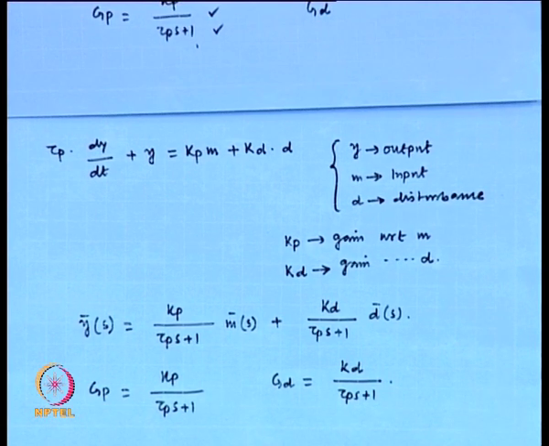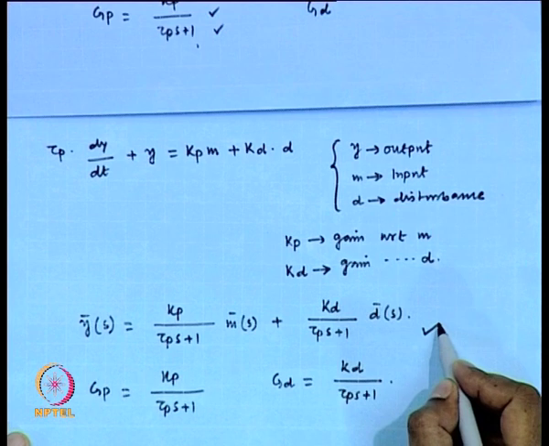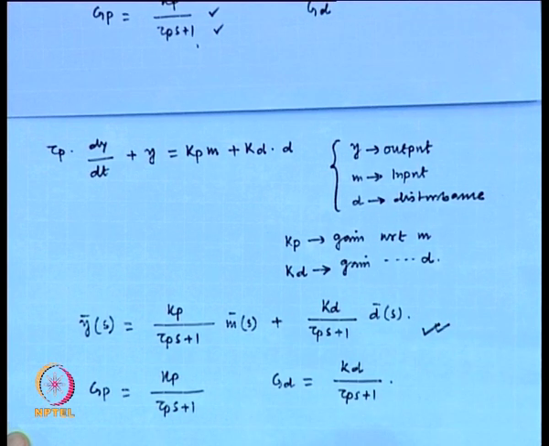From this equation we can get the transfer function of the process with respect to m, that is Gp, and the transfer function of the process with respect to disturbance, that is Gd.